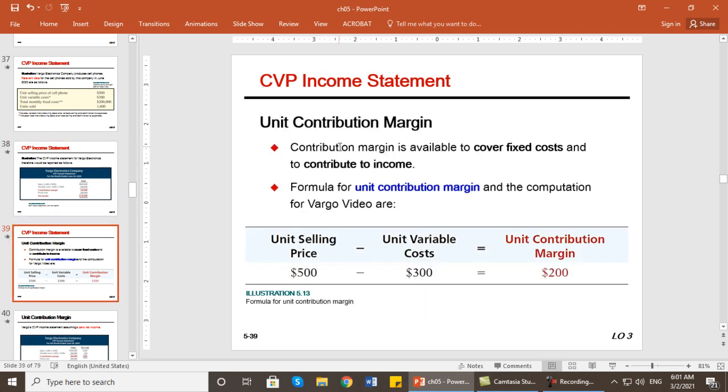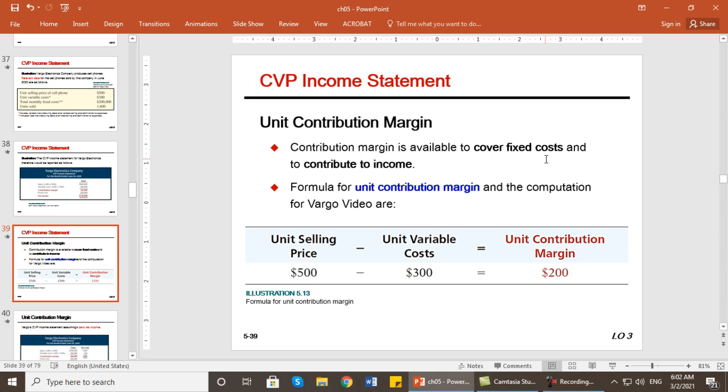As you see, contribution margin is available to cover fixed costs and to contribute to income. We said first we cover fixed costs. When we sold 1000 units, we reached the break-even point.